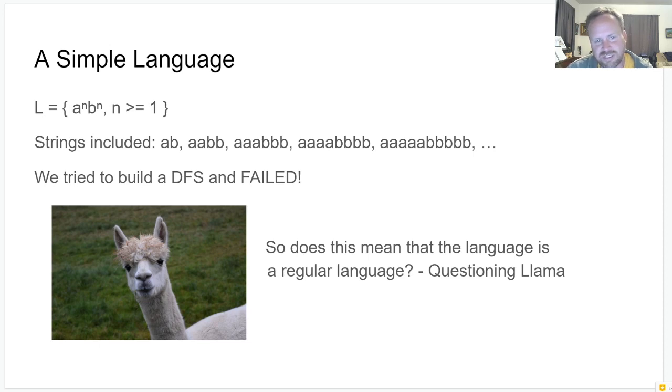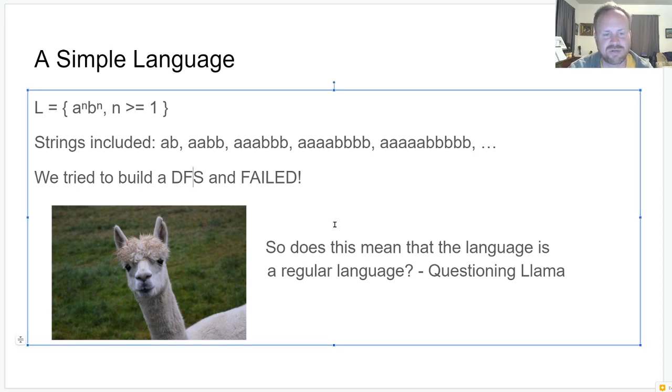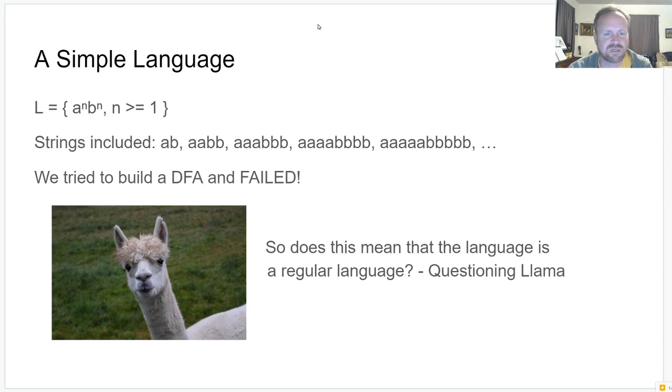As we try to understand it, we start thinking about the strings that are included. You've got AB, that's when N is equal to 1, AABB, that's when N is equal to 2, AAABBB, that's N is equal to 3, AAAA, BBBB, 4 A's, 4 B's. You get the idea, so on and so forth. There's some number of A's followed by the same number of B's.